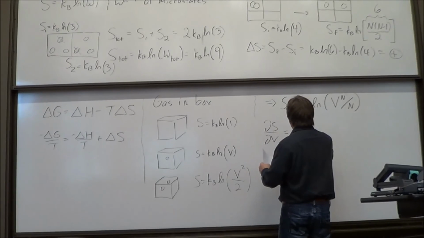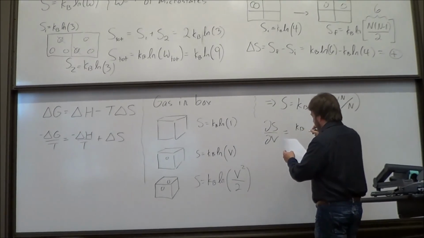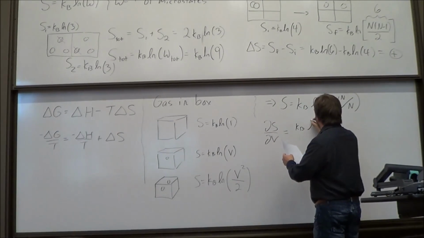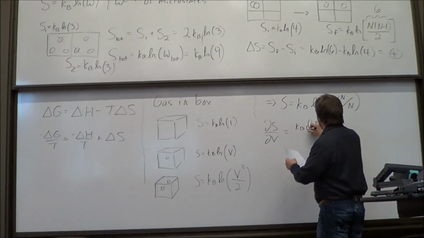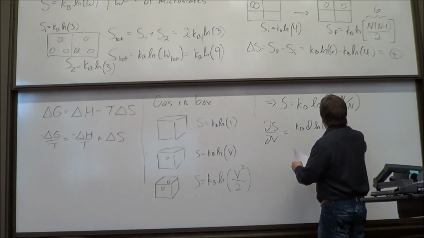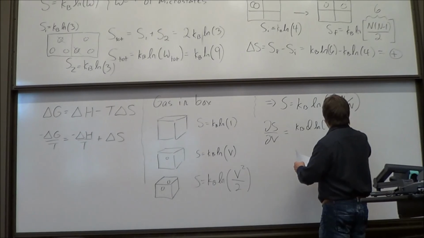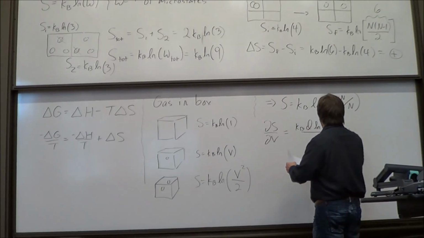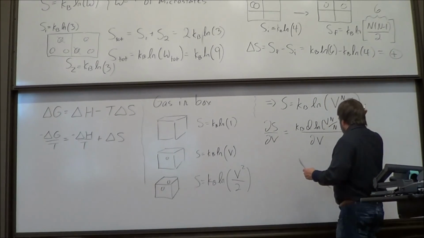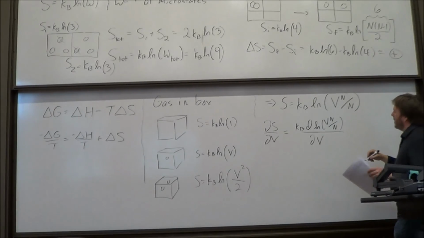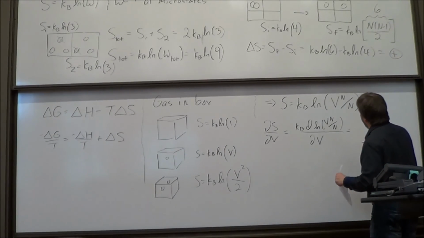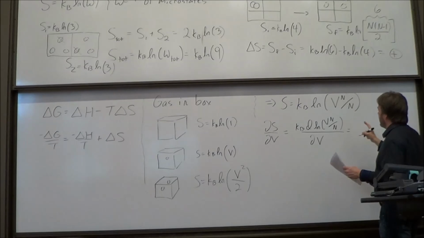So we're going to get the kB can come out because it's a constant. And what I've got is the derivative of the natural log of V^n over n. That might be n factorial. Anyway. Okay, and so then I can bring out the n.